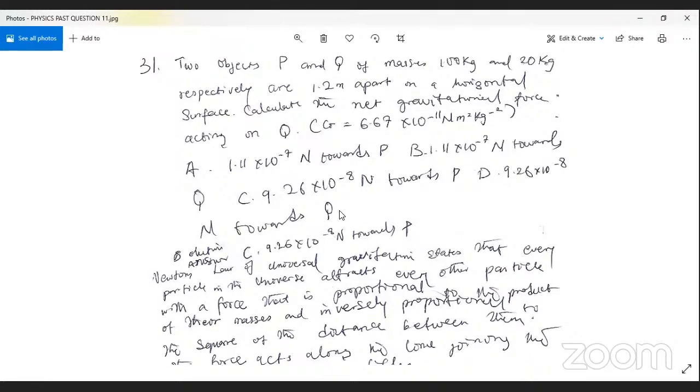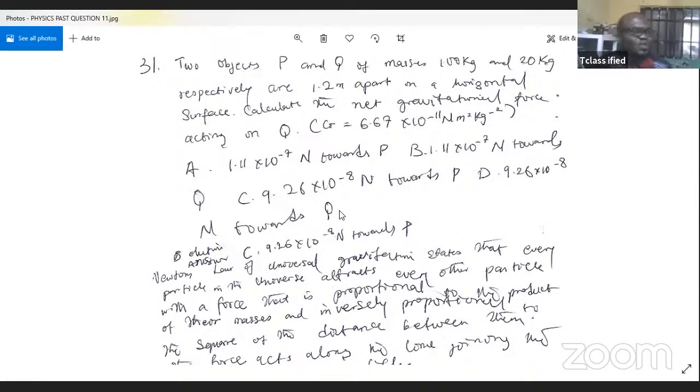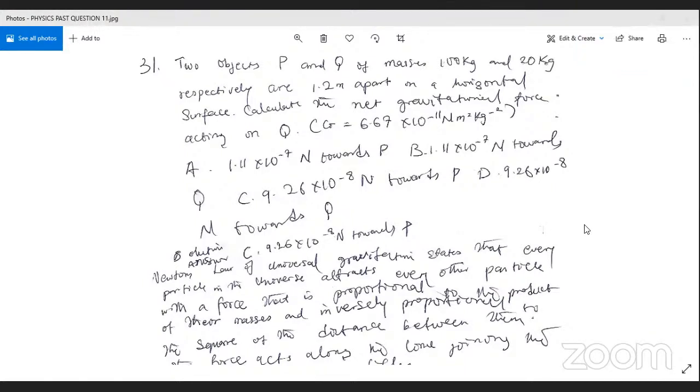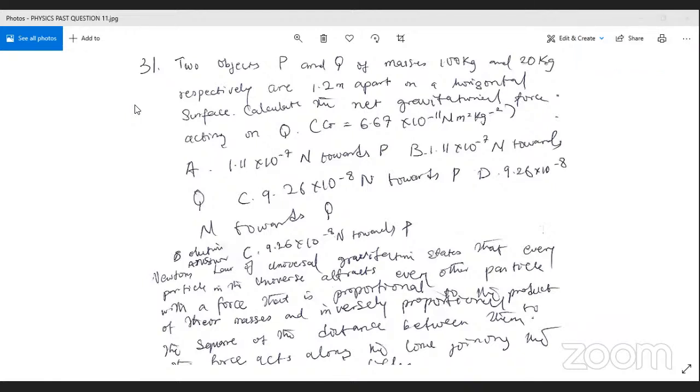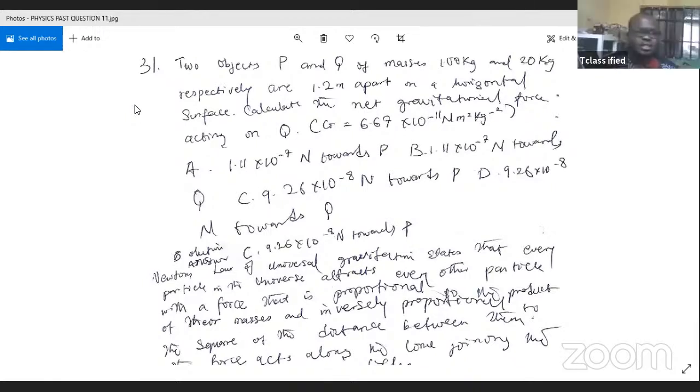Option A, 1.11 times 10 to the power minus 7 newtons towards P. Option B, 1.11 times 10 to the power minus 7 newtons towards Q. Option C, 9.26 times 10 to the power minus 8 newtons towards P. And option D, 9.26 times 10 to the power 8 newtons towards Q.